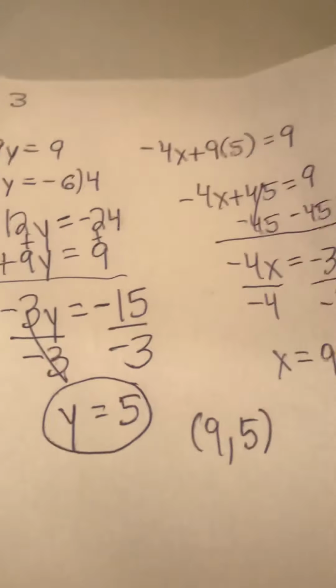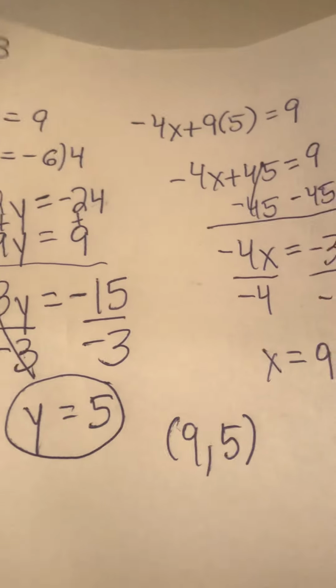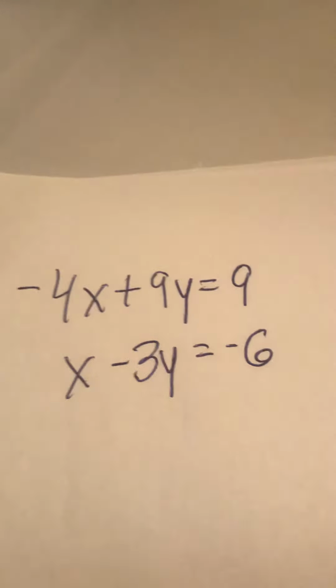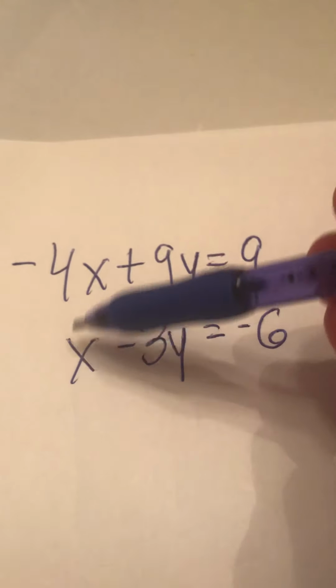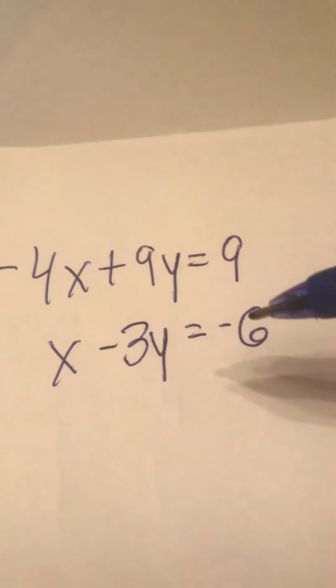I just want to show you one more thing on that. So I'm going to rewrite those systems here, and I'm going to show you a way that we could have done that, which would have yielded the same results, still using the elimination method. So remember how we said we wanted opposite coefficients? We needed a 4 here to eliminate the x variable.